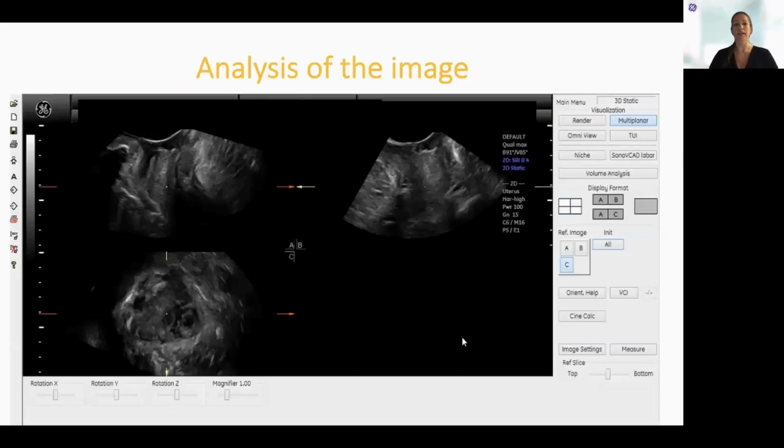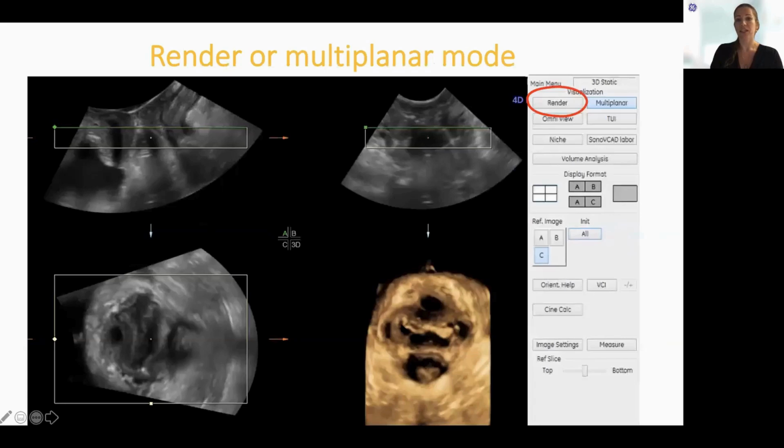After activating the 3D box, we get the multiplanar view, where we have the pelvic floor in the sagittal view, transverse, and the coronal view. Then we can activate the rendering mode, and here we can choose different types of rendering. The green line is the reference line.